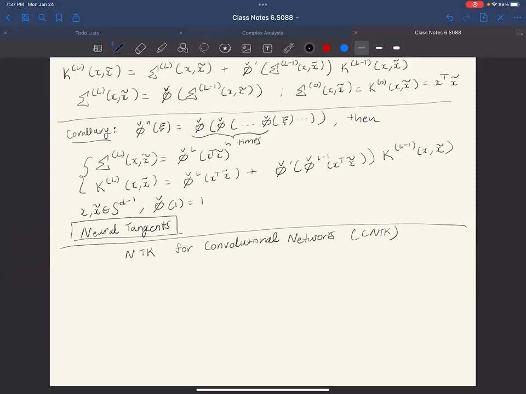In particular, what we'll show is that if you have some images, instead of being a kernel on pairs of images, the convolutional neural tangent kernel is actually, for at least fully connected networks, a kernel on all coordinate pairs across all pairs of images. So it's a very large kernel, and it's actually very expensive to compute unless you're using some tricks. And I will go over some of those tricks in this lecture.